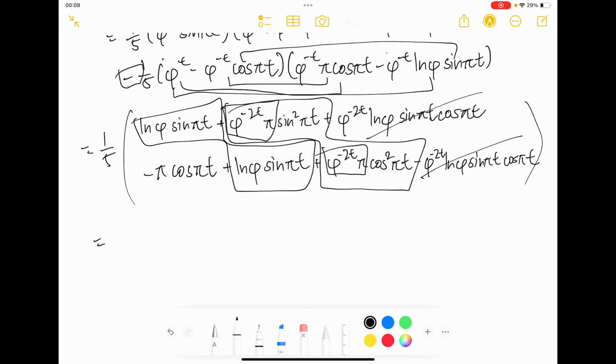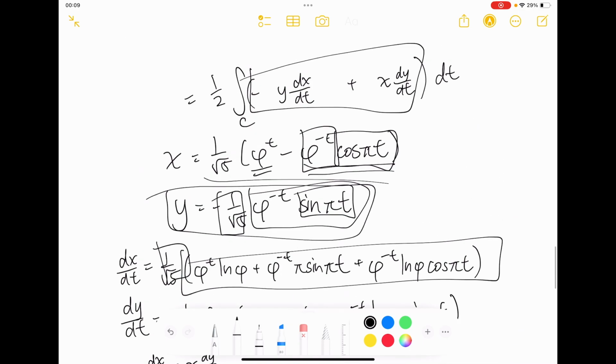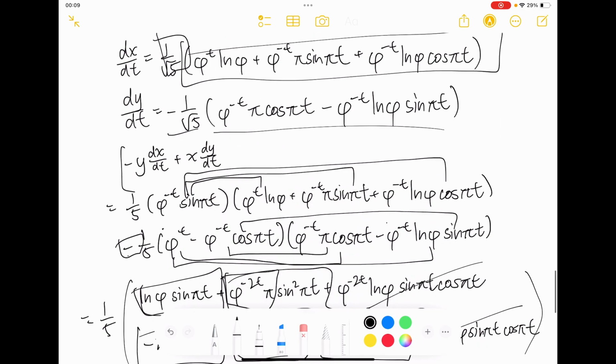So in the end, we're going to get 1/5 of 2 of whatever this is, plus this bit, because we're multiplying by 1 now, and minus pi cosine pi t. And remember, this was the integrand.